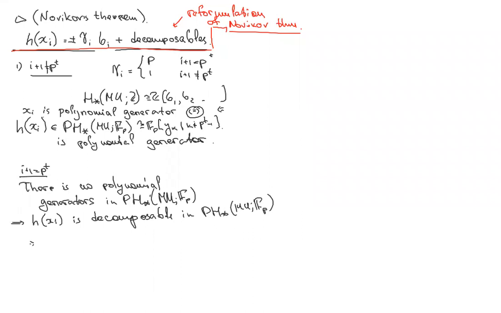Here it follows that the corresponding coefficient, s_i of xi, which is a coefficient of b_i, is divisible by p.